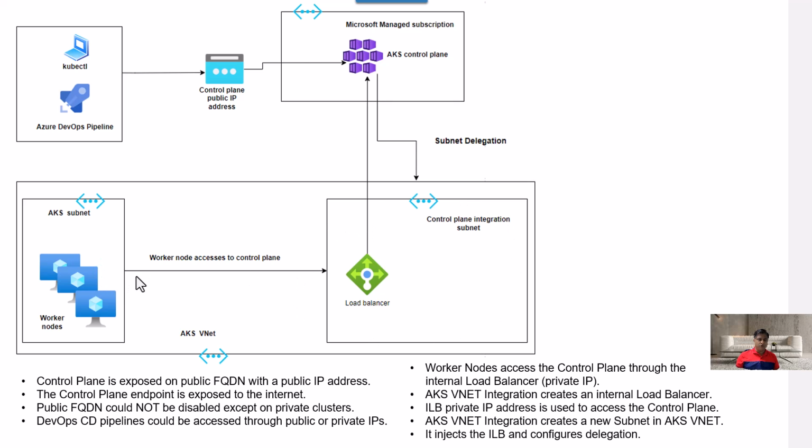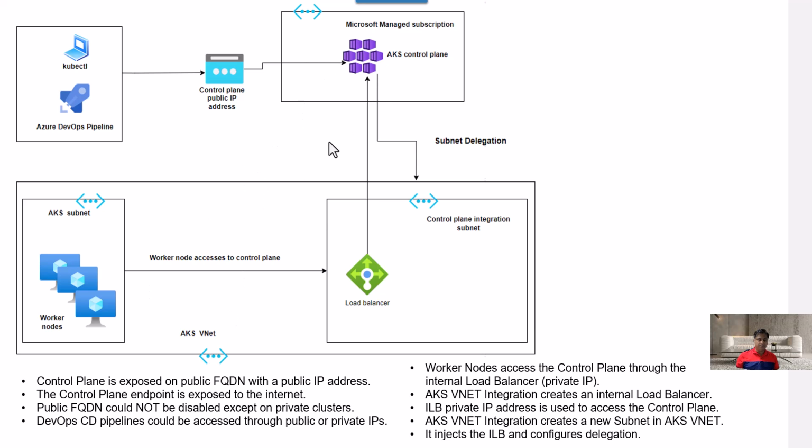Whenever a worker node tries to call the AKS control plane, it uses this load balancer. There is also a delegated subnet for AKS, and this is where the traffic moves from the load balancer to the managed subscription of AKS, where the AKS control plane is hosted.